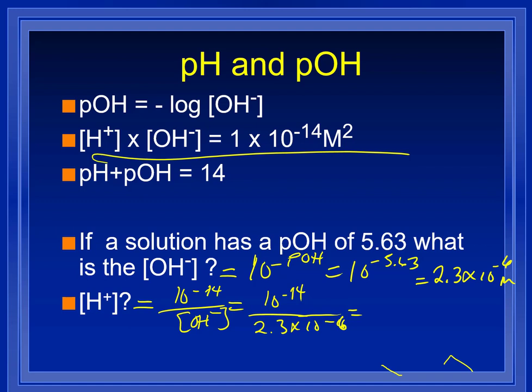One times 10 to the negative 14th divided by answer, because it's already sitting in my calculator. I get 4.3 times 10 to the negative 9th. Once again, we get that negative 15th in the exponents.